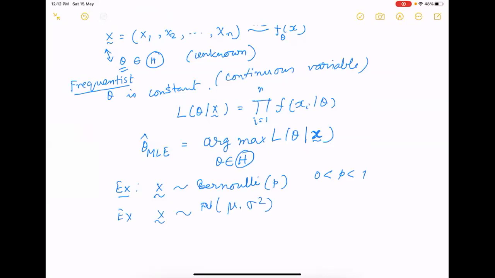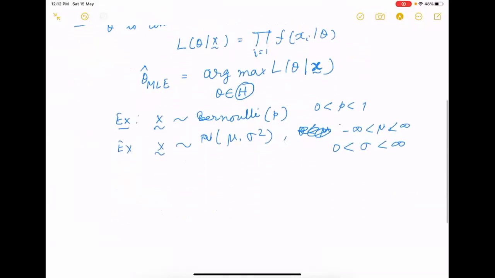We assume mu is between minus infinity and infinity, and sigma squared or sigma is between 0 and infinity, and using the likelihood method, we try to find an estimator of mu and sigma by maximizing the likelihood. This is typically what we do.